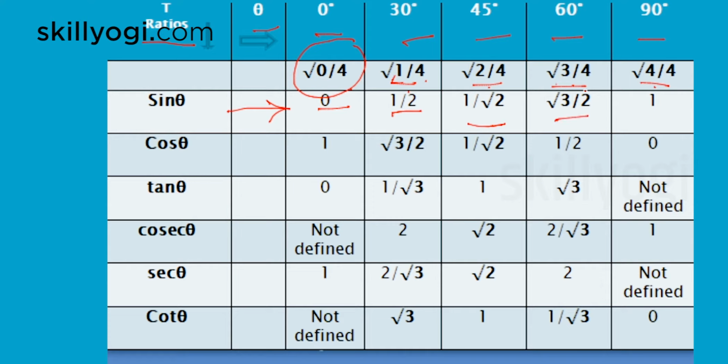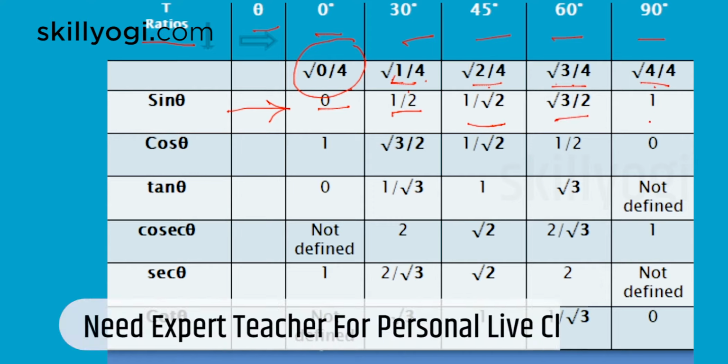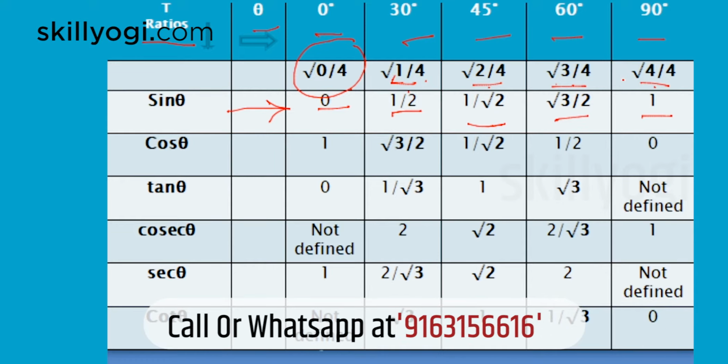That will be the value of sine 60, and square root of 4/4 will be 1. This is the value of sine 90. That means if we remember 0/4, 1/4, 2/4, 3/4, 4/4, all the denominators are 4 and we are starting from 0 up to 4.